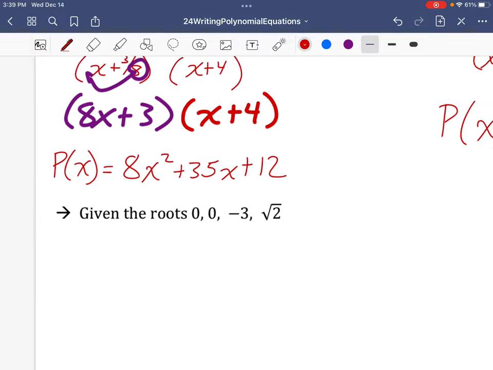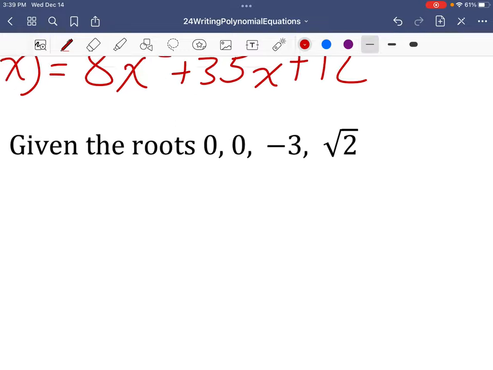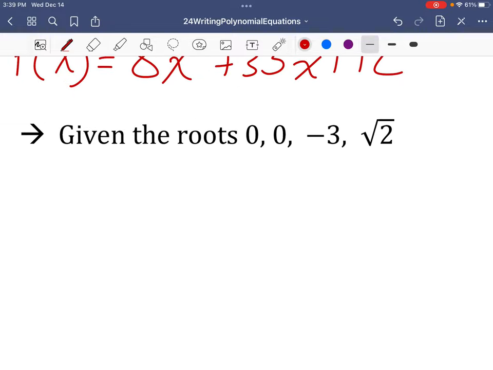What about this next problem? Do you guys think you can find the equation that goes with these roots? You want to start by trying to write the factors. See if you can write the factors.